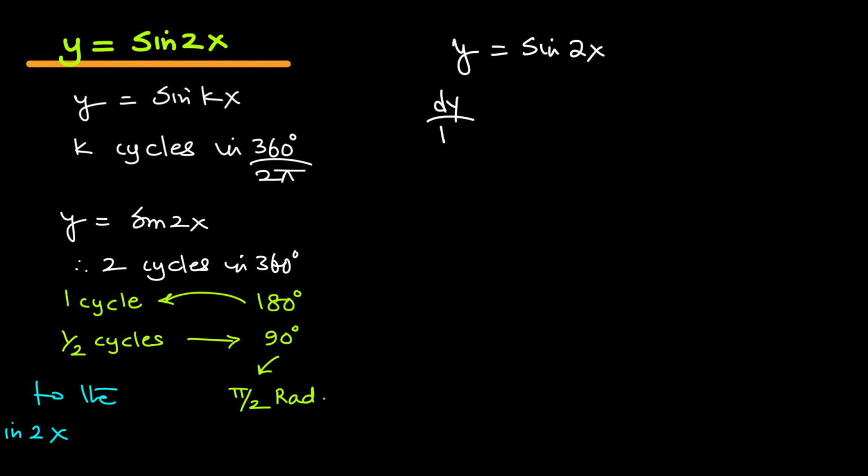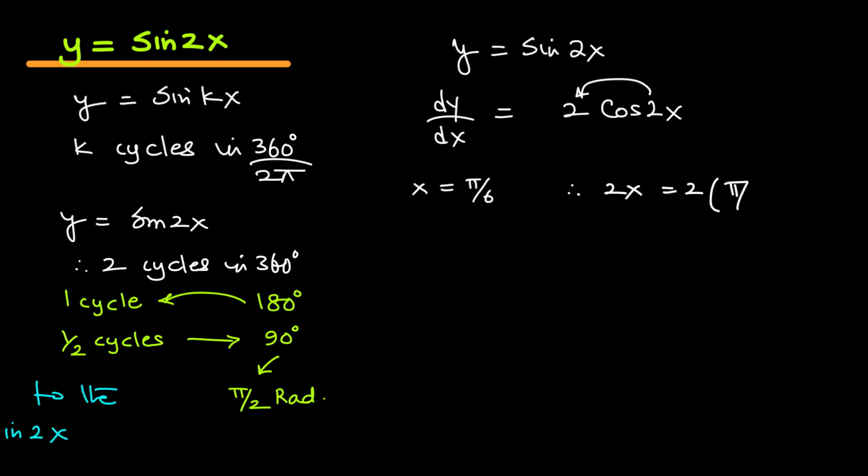So what we do is we take y equals sine 2x and differentiate. dy by dx: sine becomes cosine 2x, and 2 comes out and multiplies, that's the rule. When x is pi by 6, 2x is 2 times pi by 6, which becomes pi by 3, and we know that cosine of pi by 3 is half.